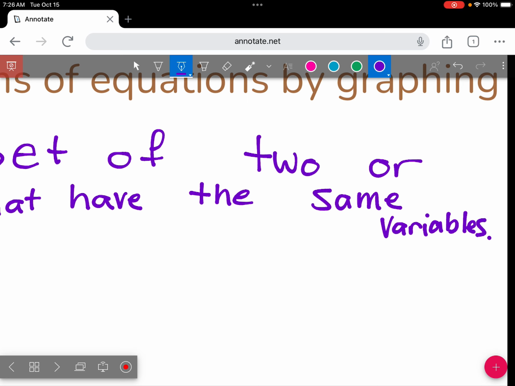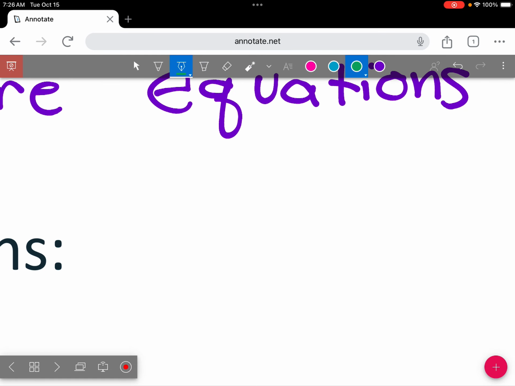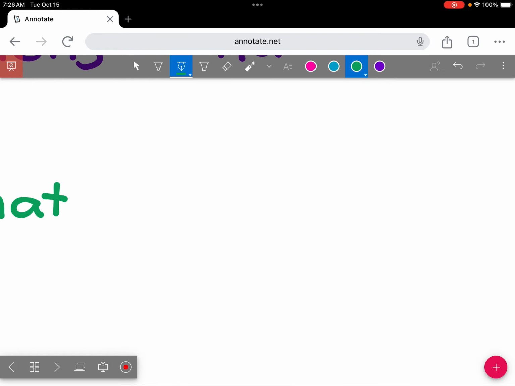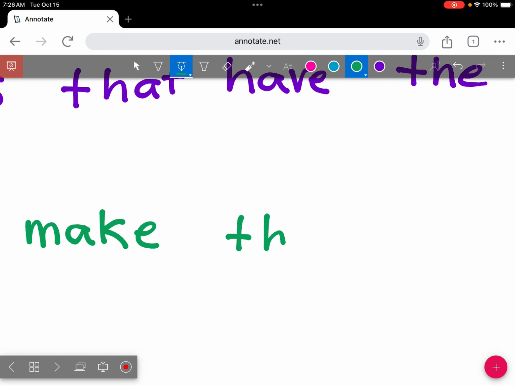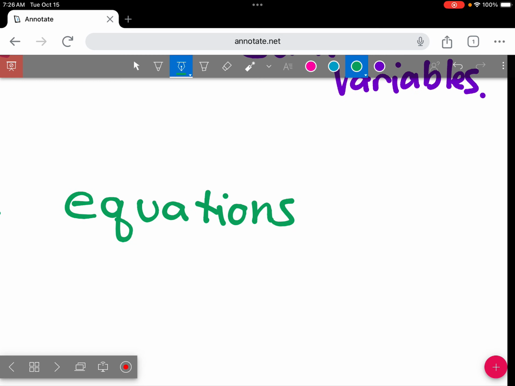And what we're going to be doing is finding solutions. Just like when we were finding solutions for x equals or y equals kinds of equations, they are values that make the equations true.